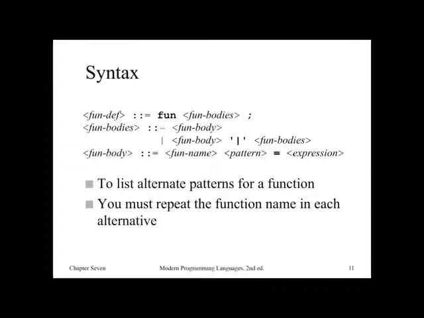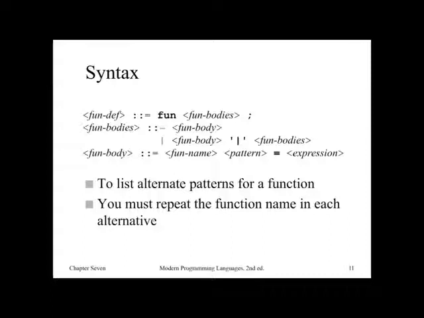Okay, fun bodies is defined, and I'm not actually sure if this is a typo, to be honest. I've got fun body or fun bodies. The first or is actually within the grammar. The second or is in quotes, and that is an actual character that needs to be typed. I believe that ought to be something like an empty version or a real version.